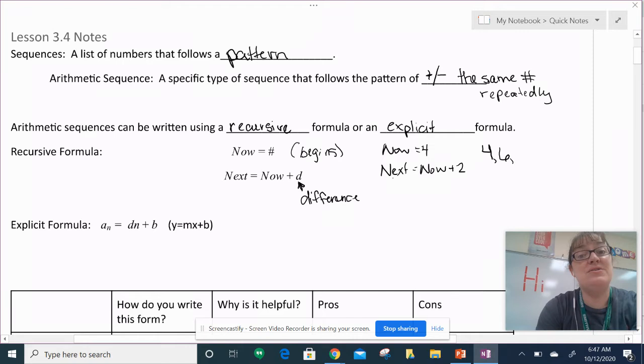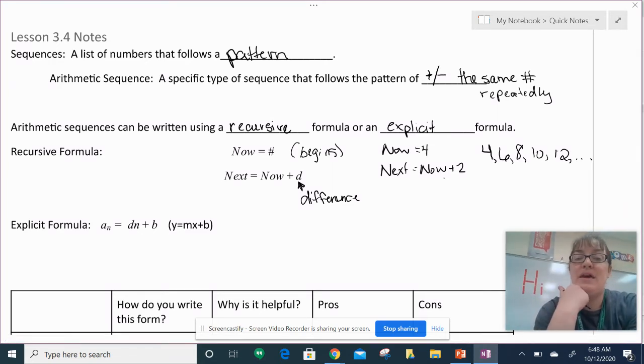Again, take the now, 6, and add 2 to get 8. Take the now, 8, and add 2, which gets me 10. Take the now, 10, and add 2, which gets me to 12. And the sequence would continue on and on like that.